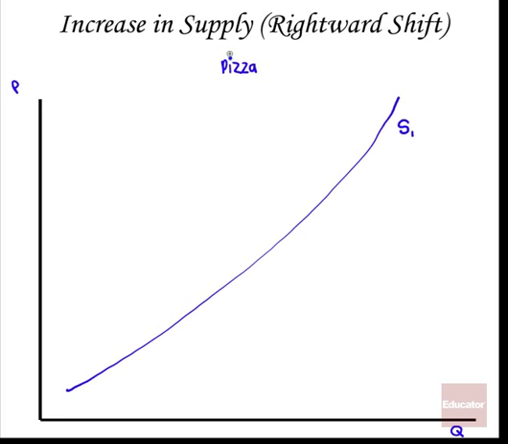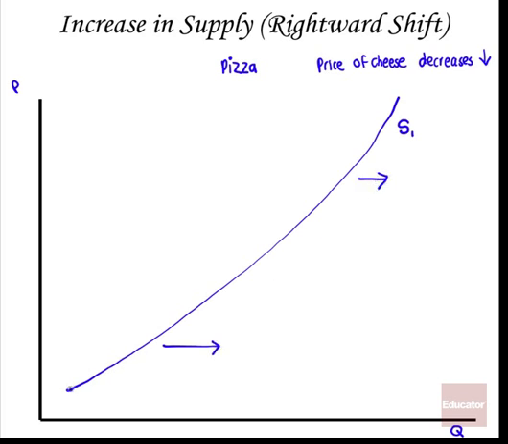If the price of cheese decreases, then the supply curve is going to shift to the right.